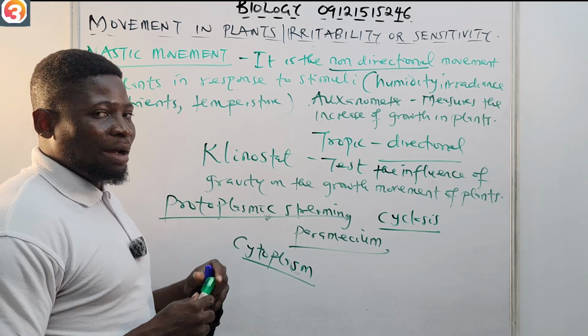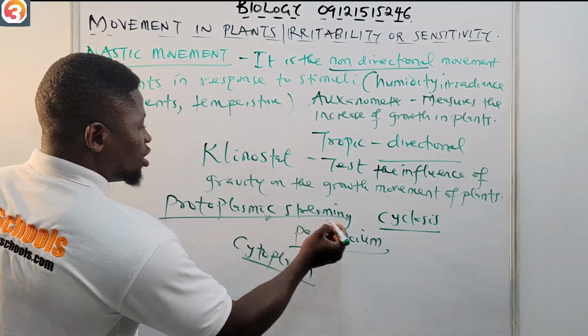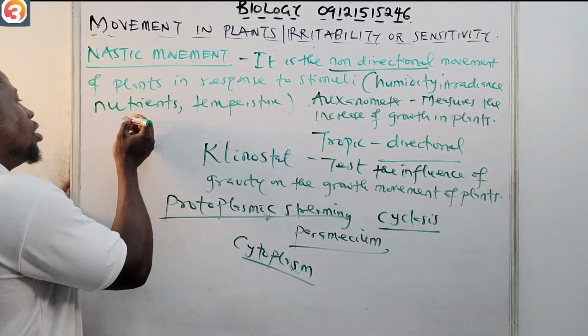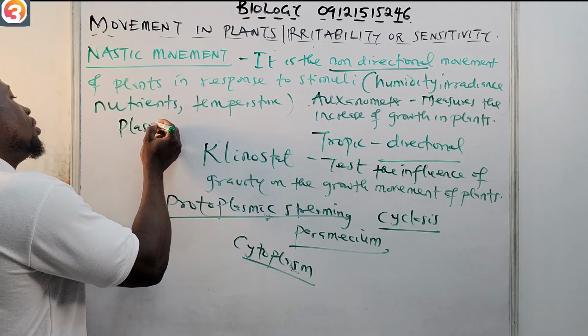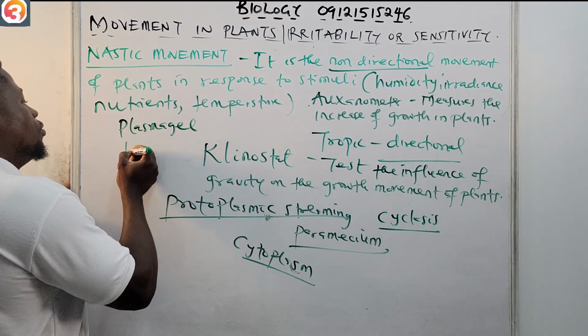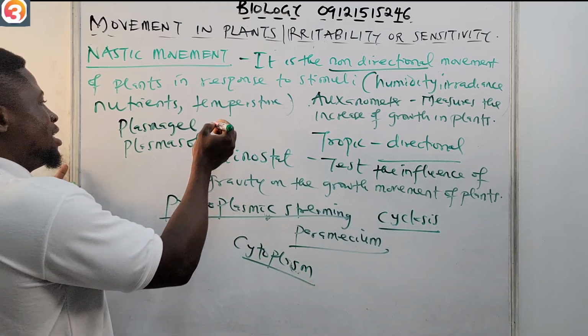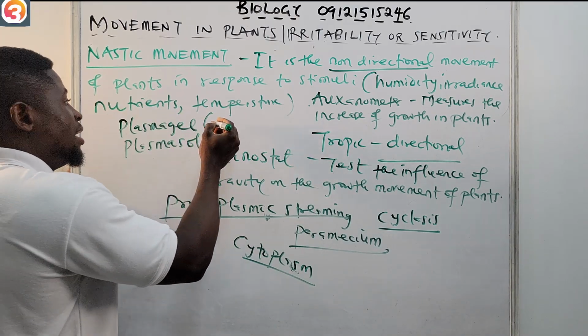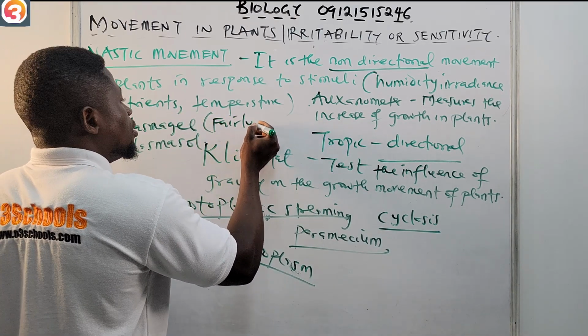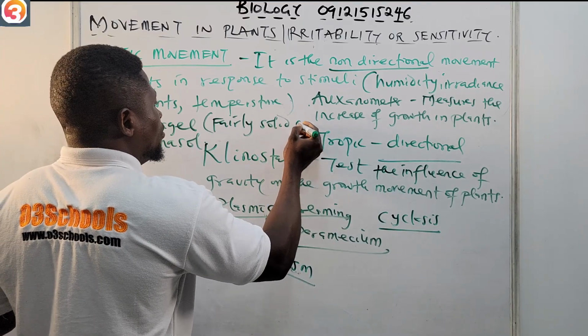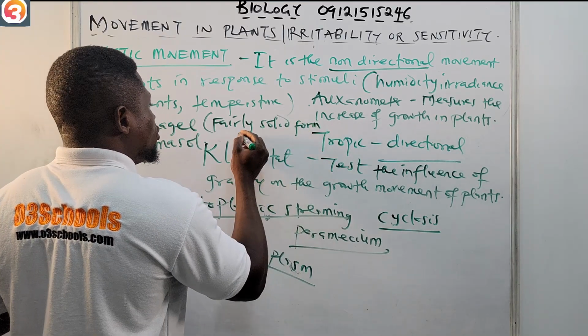It happens in paramecium, and this protoplasmic streaming involves the conversion of what we call plasma gel to plasma sol. This plasma sol is a fairly solid form of cytoplasm.